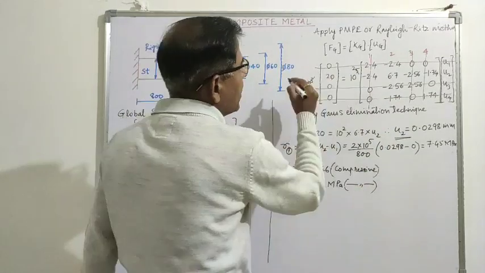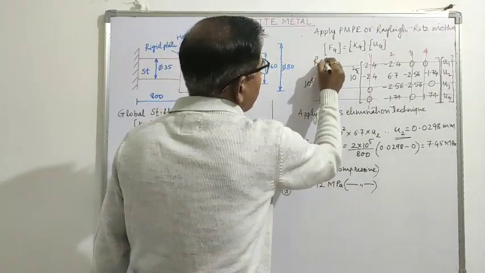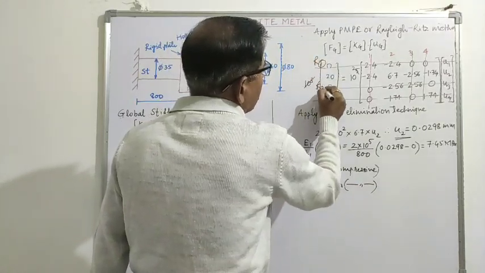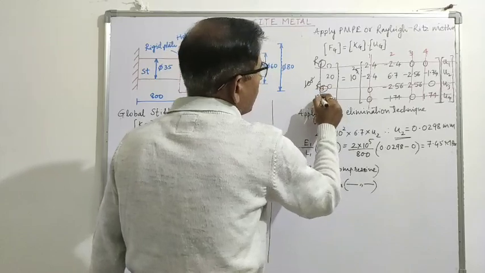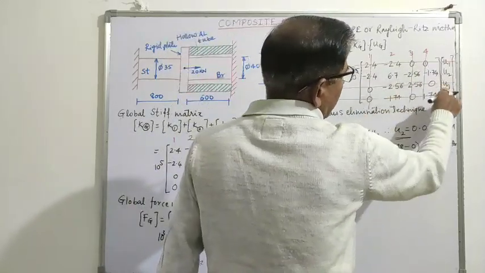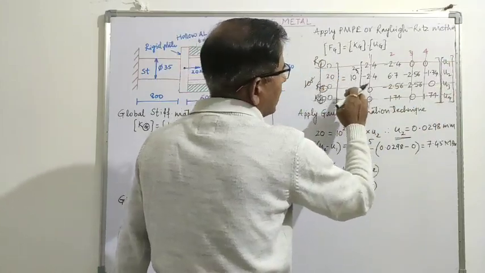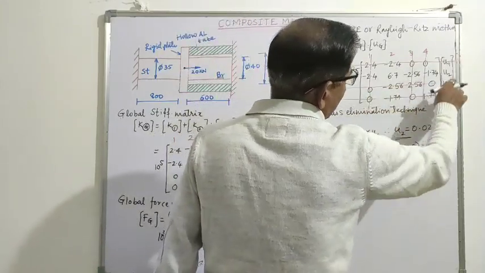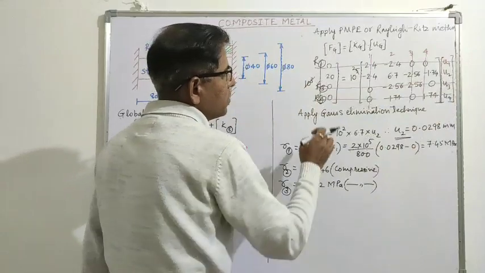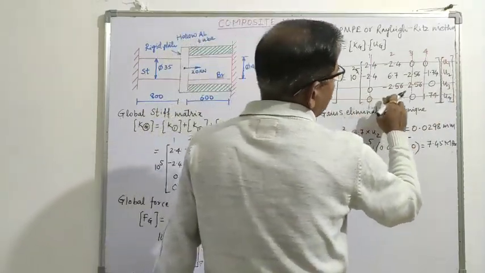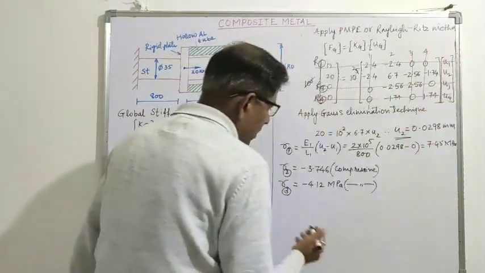Similarly, you can find out the reactions. So this is R1, R3 and R4. So take the cancelled row, multiply by the global displacement matrix for R1. For R3, take the third cancelled row and multiply by the global displacement matrix, and for R4, take the fourth cancelled row and multiply by the global displacement matrix.